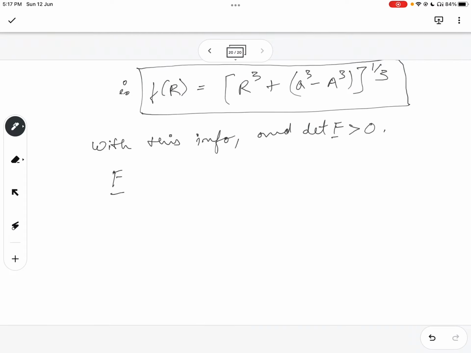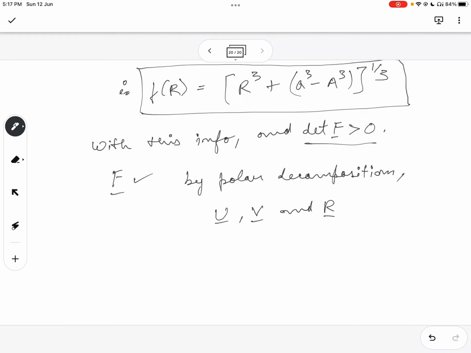So F is obtained, and by polar decomposition, as determinant F is greater than 0, we can easily obtain U, V and R, given the formula that F is equal to RU is equal to VR.